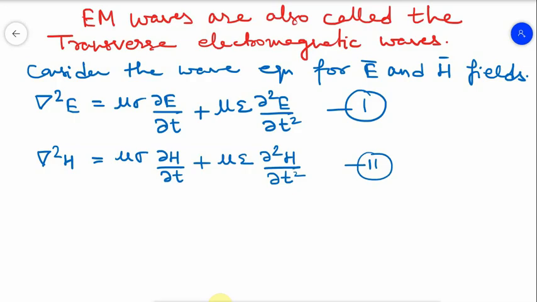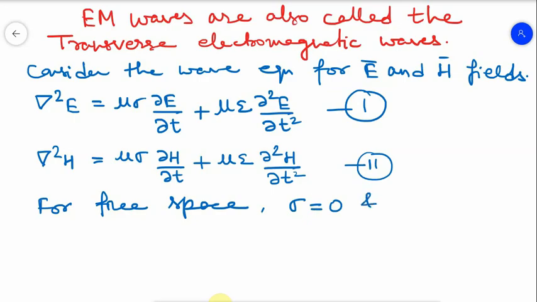Okay, now what is the topic of our discussion? Our topic of discussion is uniform plane waves in free space. So we will put the conditions of free space here. For free space, sigma is 0, as I had discussed, that conductivity in air or free space is 0.